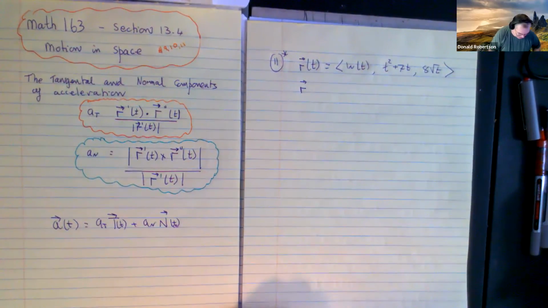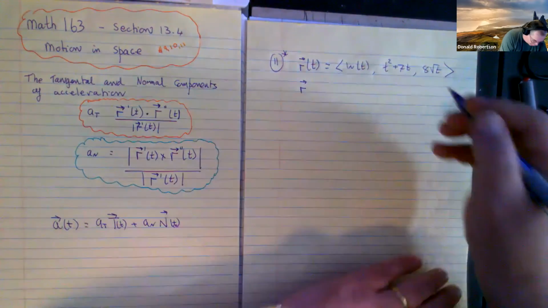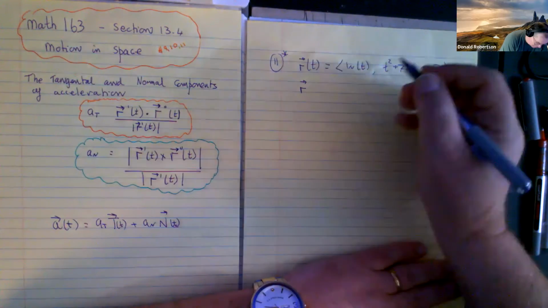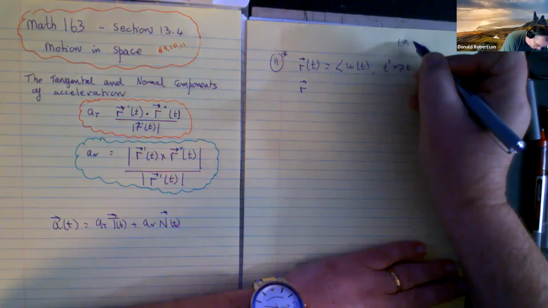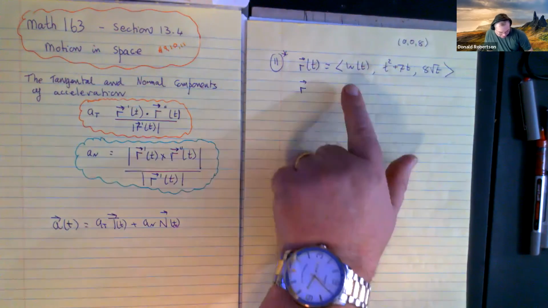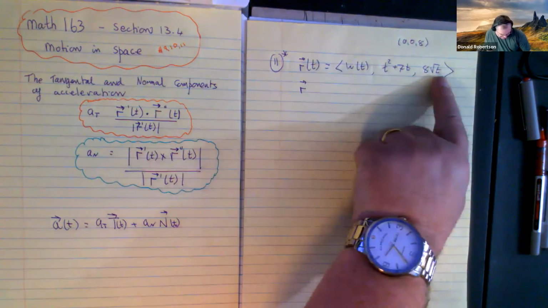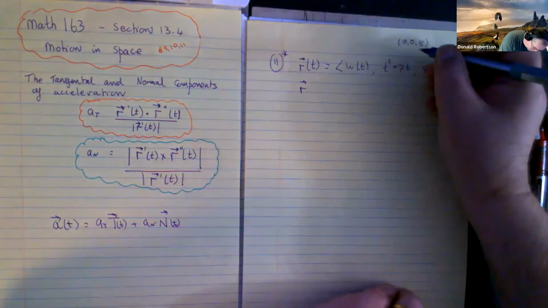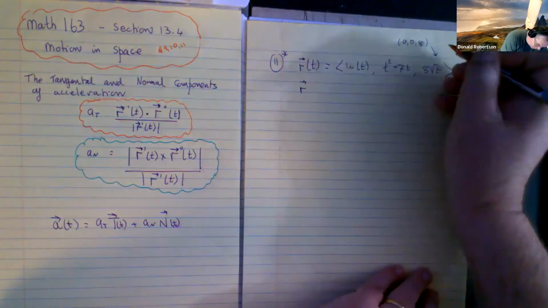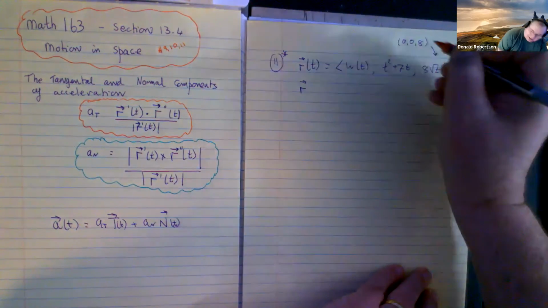Oh, good. Let's put Kira's idea into motion. We're being asked to find the tangential and normal components, but only at one specific point. Now, as you look at this expression, telling me that point is not really what I want. Don't I want to know the t value that makes that point happen?